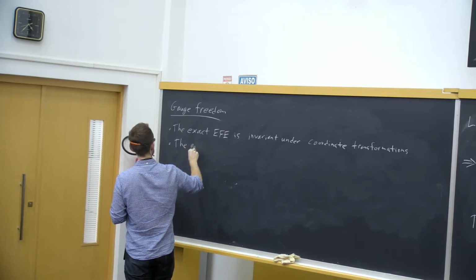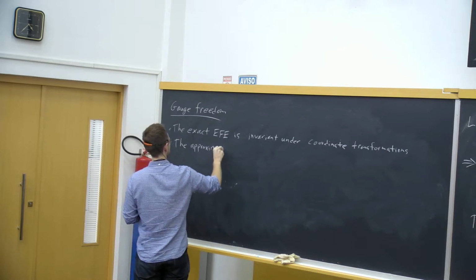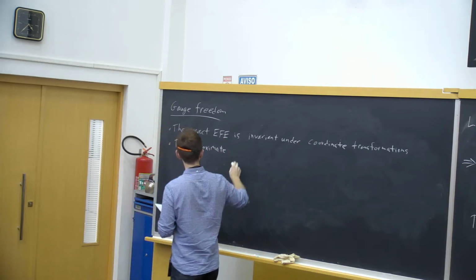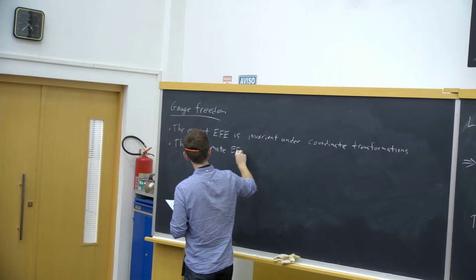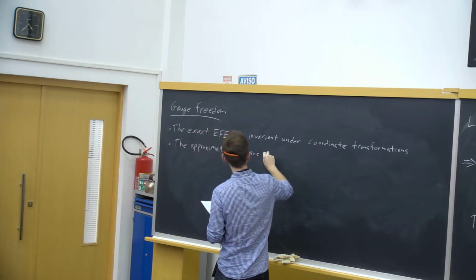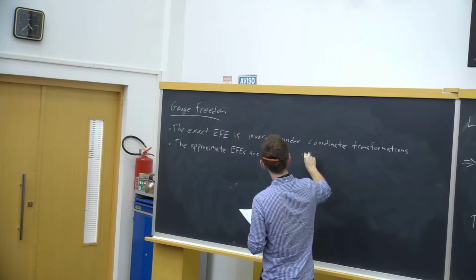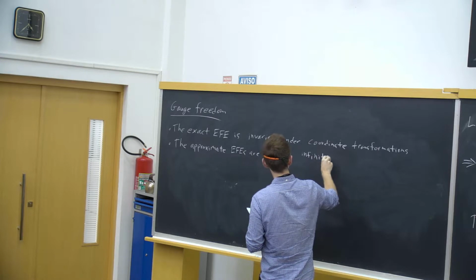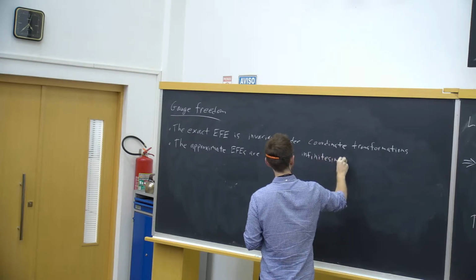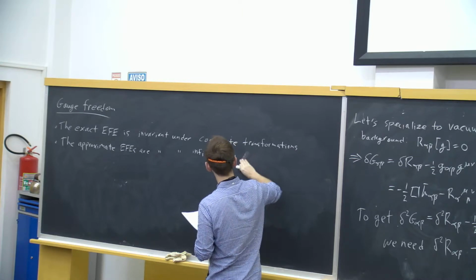The approximate Einstein equations, or the perturbative Einstein equations, are invariant under infinitesimal coordinate transformations.